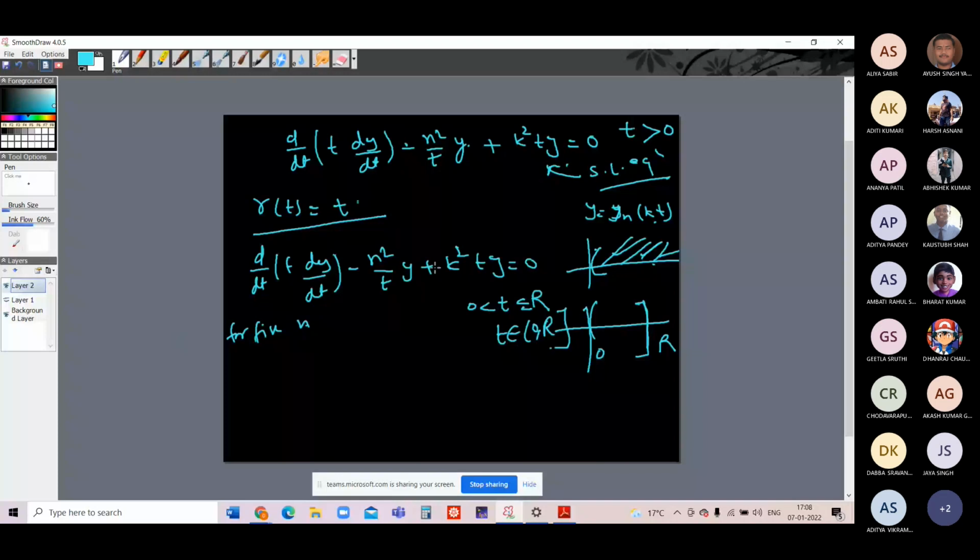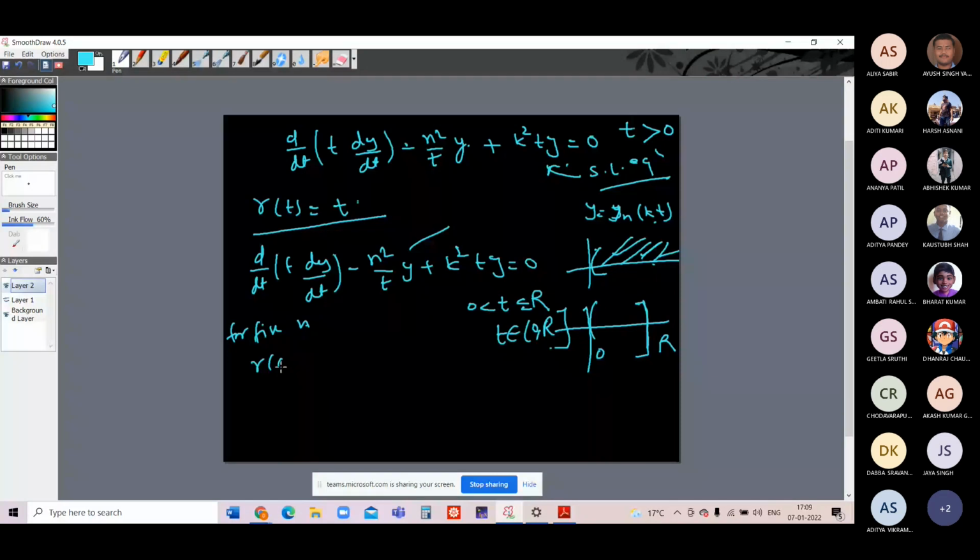Now in this interval, because it is written in Sturm-Liouville form and r(t) is equal to t, at the lower boundary where t is 0, r(0) is 0.